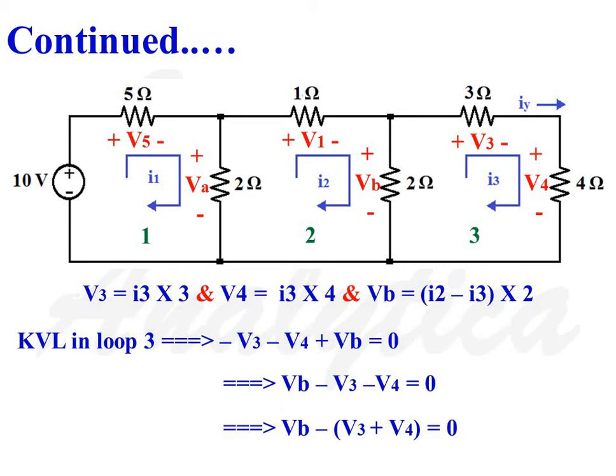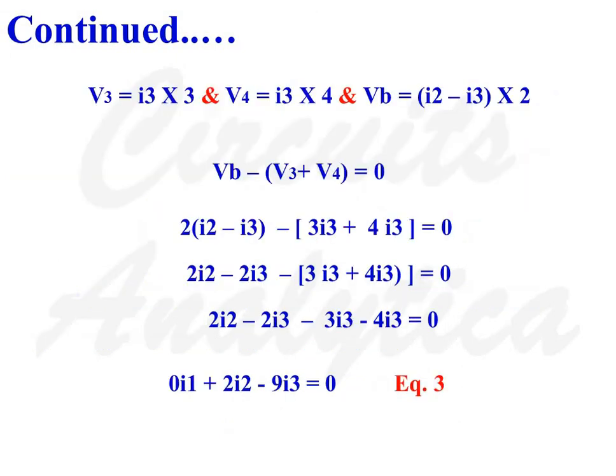So VB minus V3 minus V4 is equal to 0. V3 is equal to 3I3, V4 is equal to 4I3, and VB is equal to 2I2 minus 2I3. Therefore, according to KVL, we will get 2I2 minus 2I3 minus 3I3 minus 4I3 is equal to 0. Rearranging the terms, we will get 0I1 plus 2I2 minus 9I3 is equal to 0. Equation number 3.